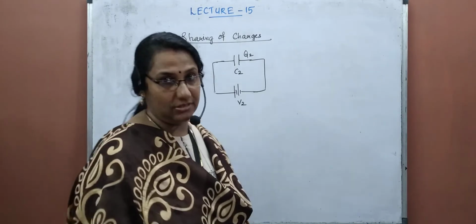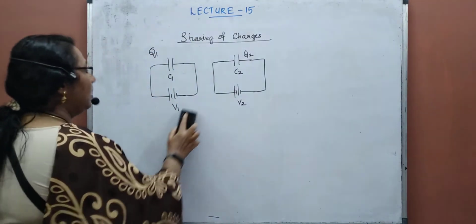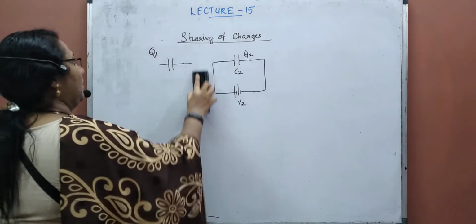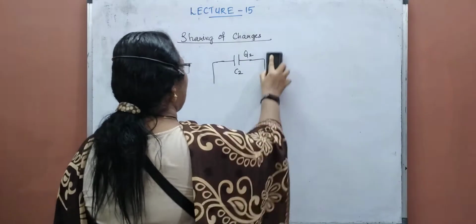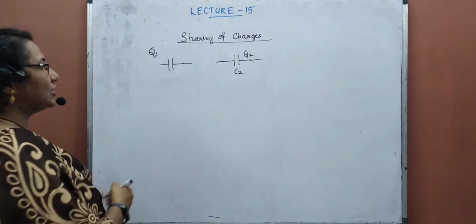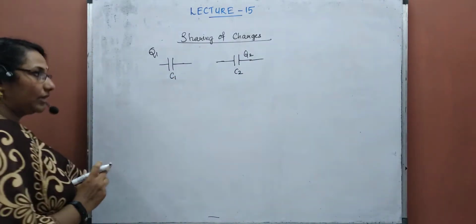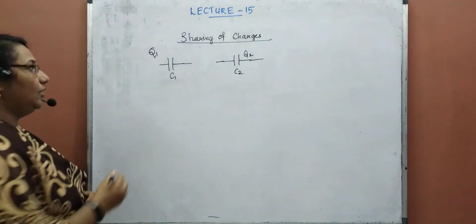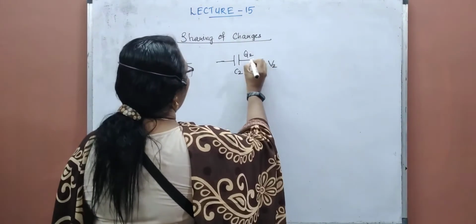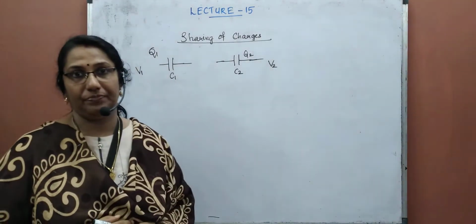And now the battery is removed. Now we have two capacitors, the first with capacitance C1 and the second with capacitance C2, where the potentials are V1 and V2, and the charges stored in them are Q1 and Q2 respectively.